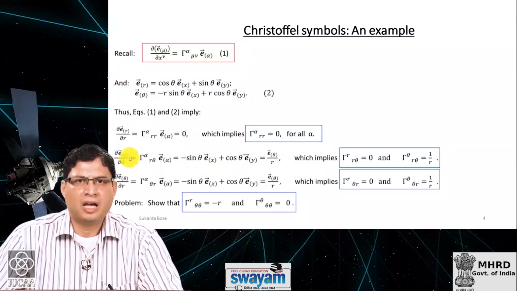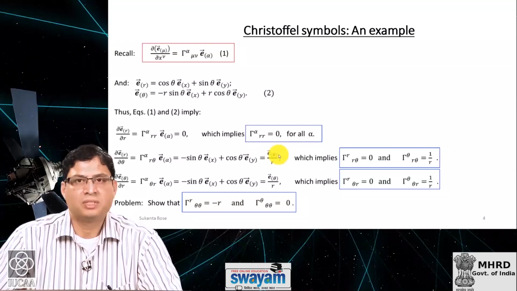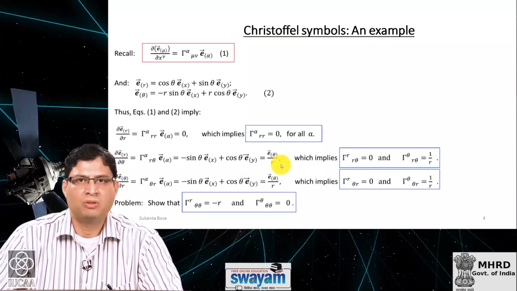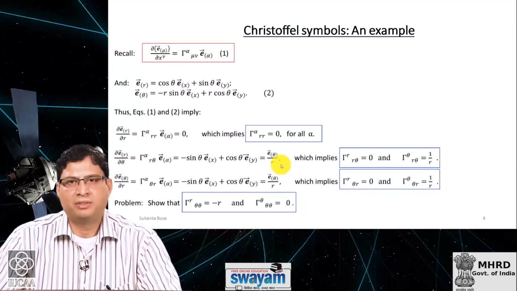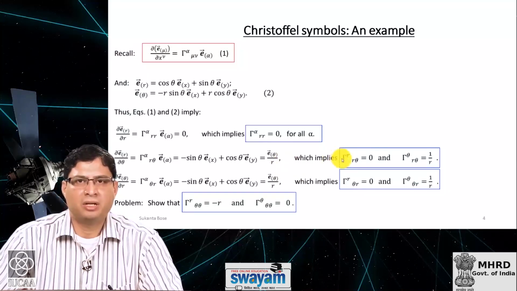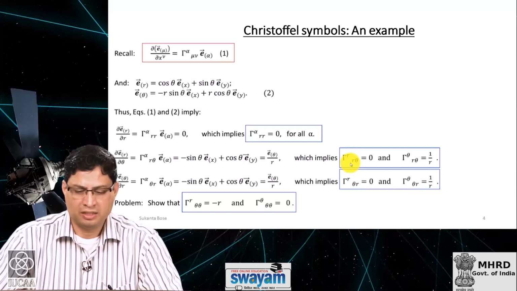Hence, the gamma has to be non-zero only when E alpha is E theta, because there is no Er piece in this expression, which means that the coefficient of Er in this expansion has to be 0. So that further sheds light on the fact that gamma r r theta is 0.